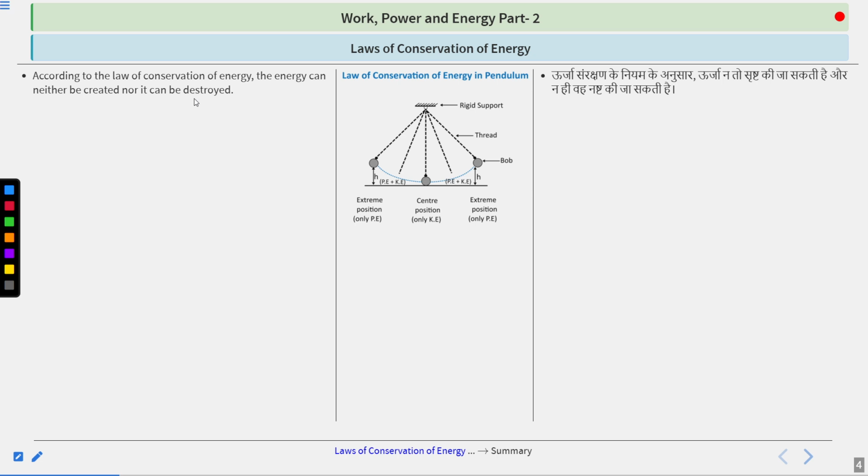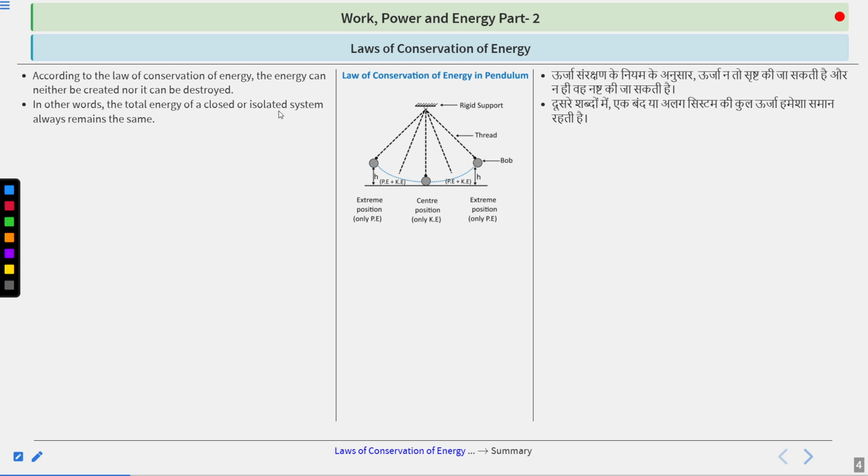It is there. In other words, we could say the total energy of a closed or isolated system. When we say closed or isolated system, we are assuming that this system is not having any contact with the outside, so that exchange of energy is not going on with that system.